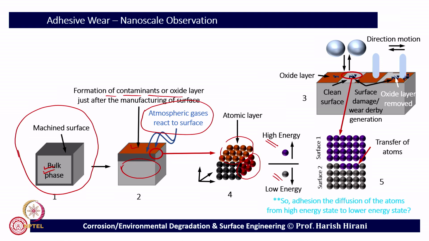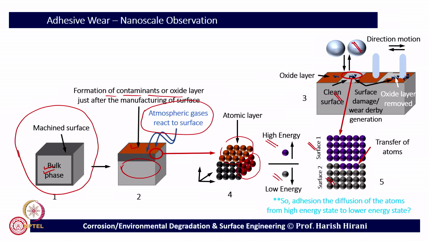So, let us take an example. Now, if I say there is a sphere, then this is surface 1, and this is surface 2. Quite possibly I make this sphere much more reactive or softer in this situation, and then when we bring this sphere in contact with the clean surface, there is a possibility the clean surface gets transferred.